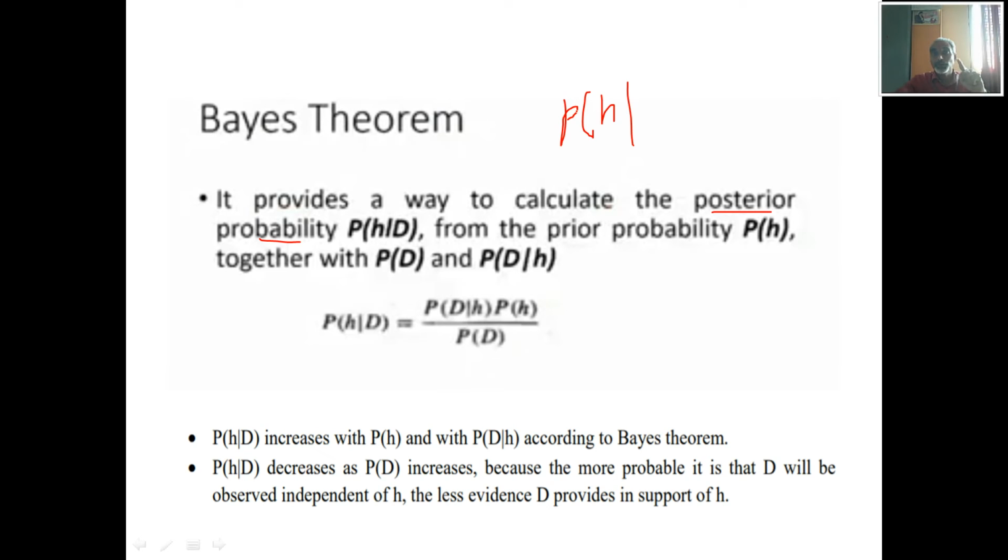So when you have some data, based on the given data set D, if one person is telling you the probability that tomorrow is going to rain is 20%, are you going to accept this or not?